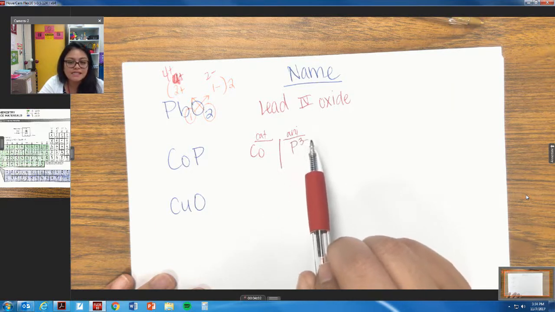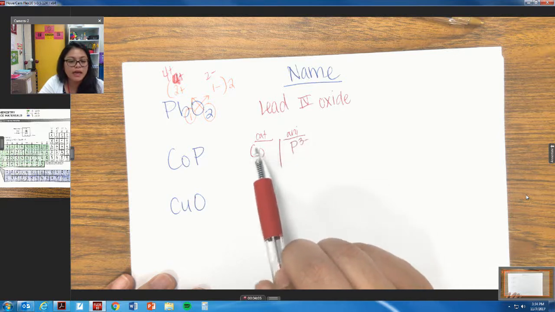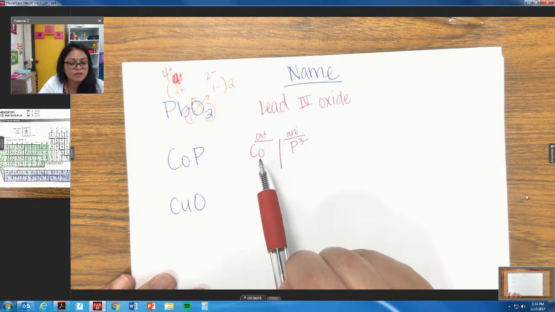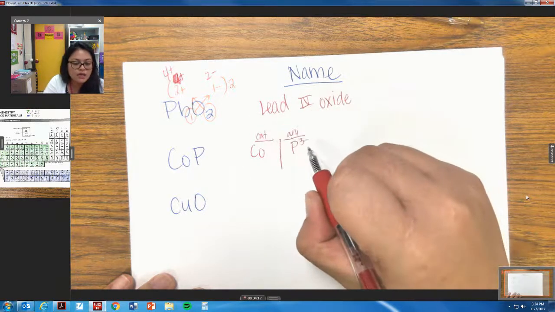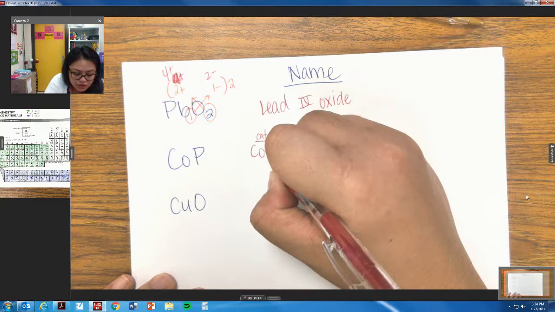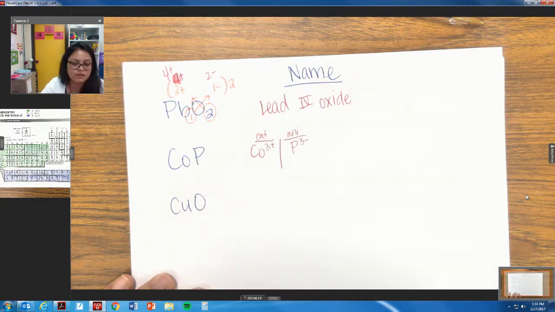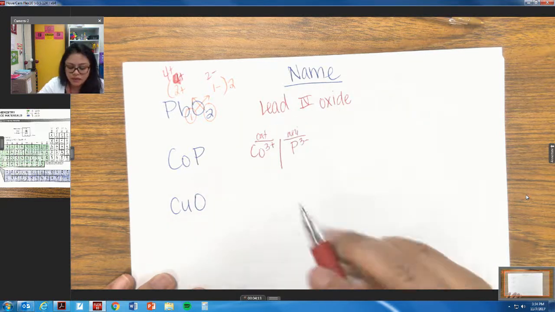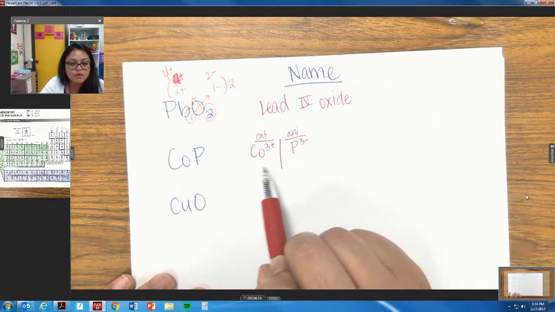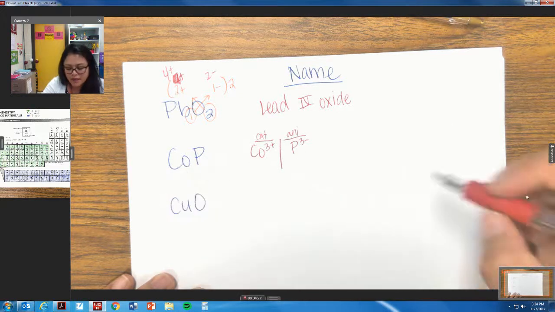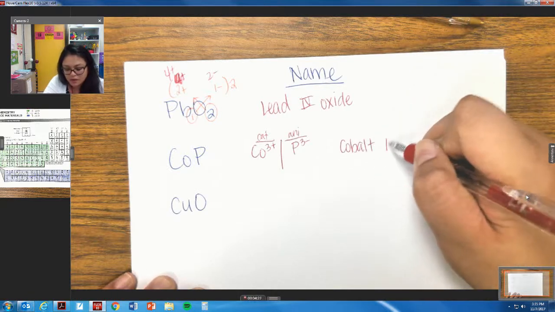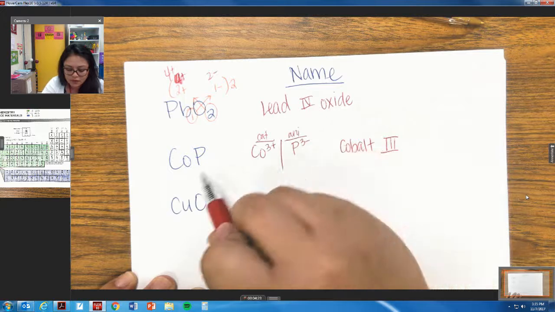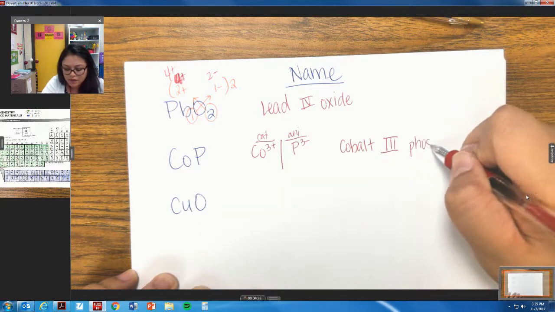So if this is -3, then our cation, or our transition metal, must equal what? For -3 to equal 0, this charge needs to be +3. So the name of your compound is therefore cobalt 3 phosphide.